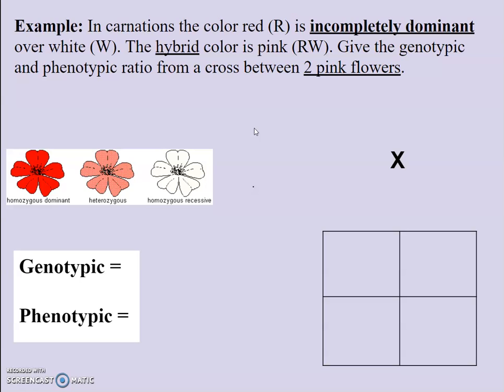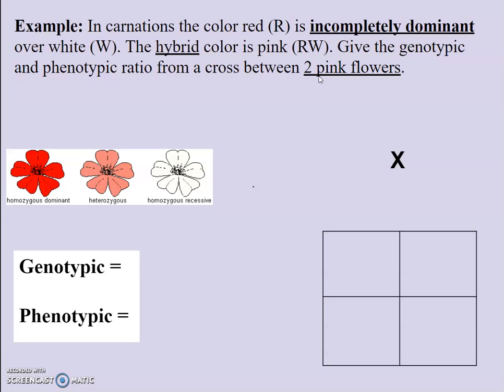We're always going to start with our alleles. Our alleles are what's up here: R is for red, W is for white, and RW is for pink. Next in our steps is P for parents. The parents are 2 pink flowers.